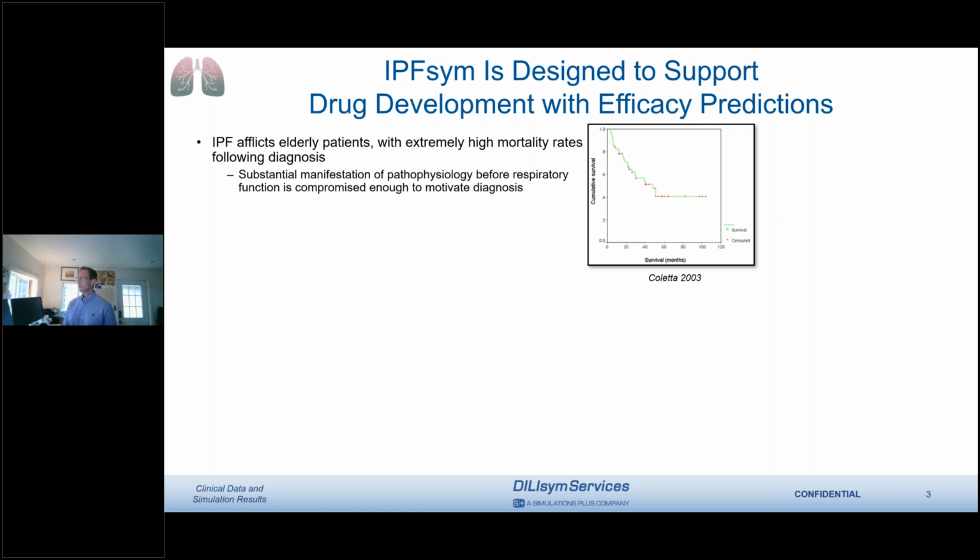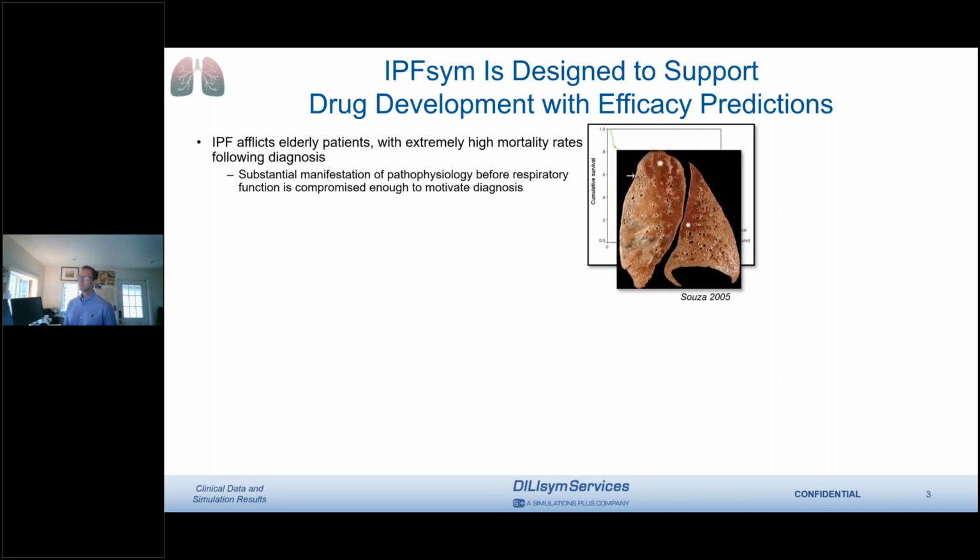Additionally, the quality of life is affected. The respiratory function is compromised. It's a difficult one. One of the reasons for those clinical observations is that there are anatomical changes that occur due to the onset of fibrosis in the lungs. This is a visual representation of what is sometimes described as honeycombing.